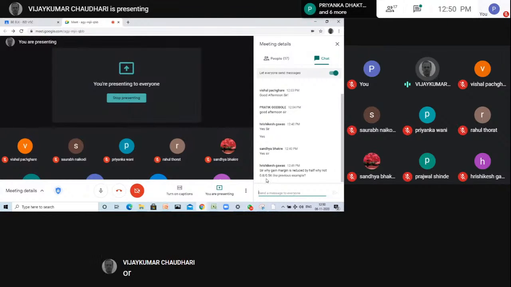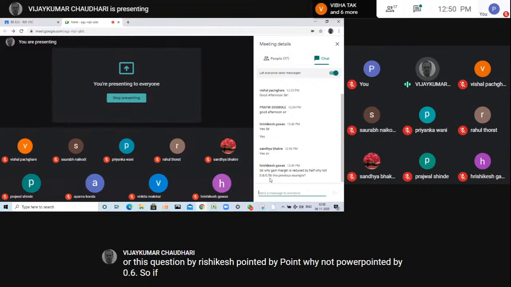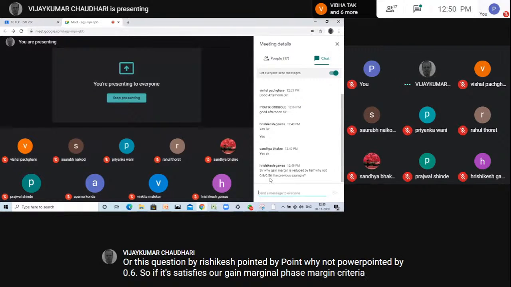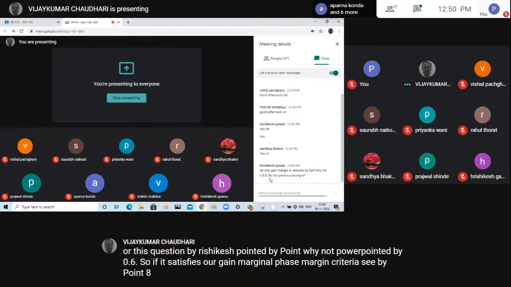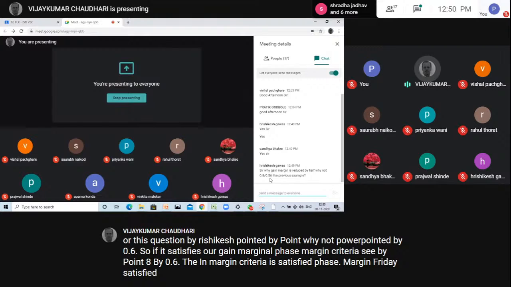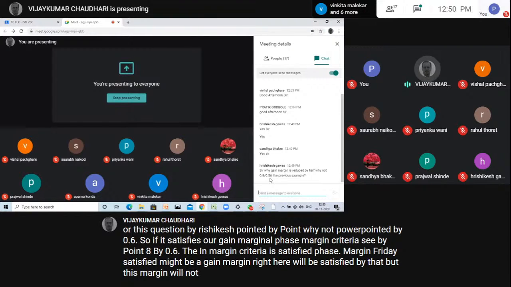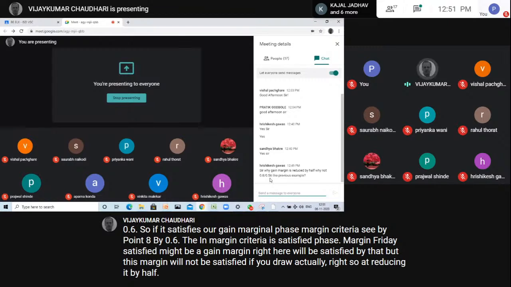There is a question by Rishikesh: 0.8 by 0.5, why not 0.8 by 0.6? If it satisfies our gain margin and phase margin criteria, fine. By 0.8 by 0.6, the gain margin criterion might be satisfied, but the phase margin will not be satisfied if you draw it. By reducing it by half, I'm getting a phase margin of exactly 40 degrees.